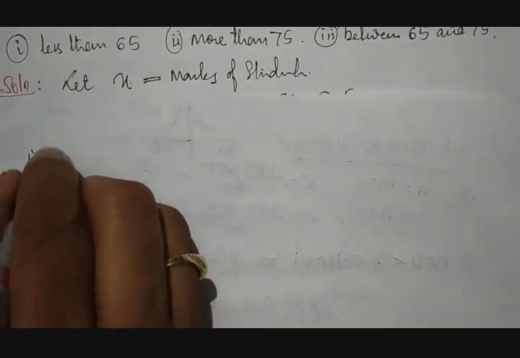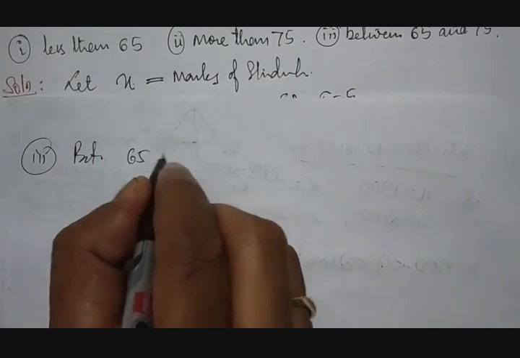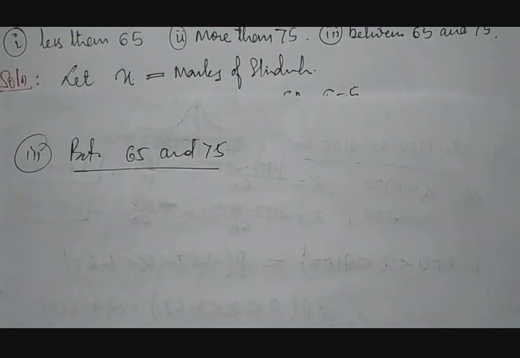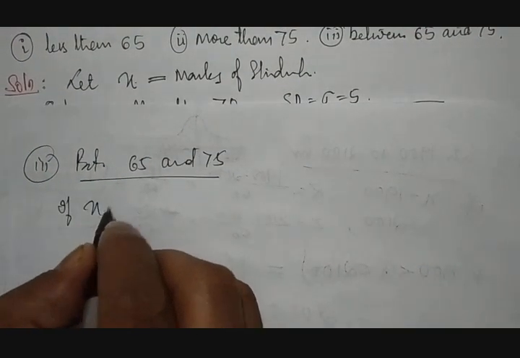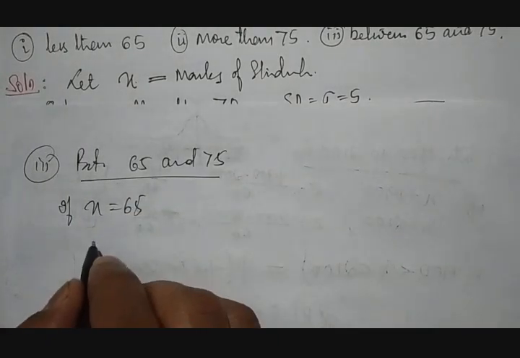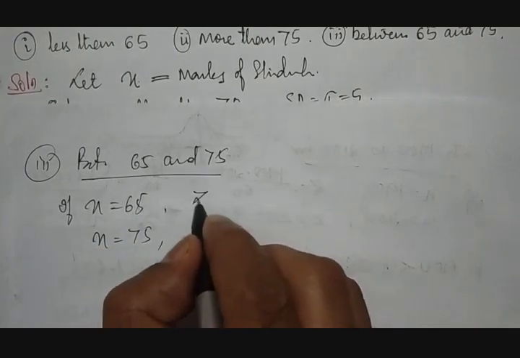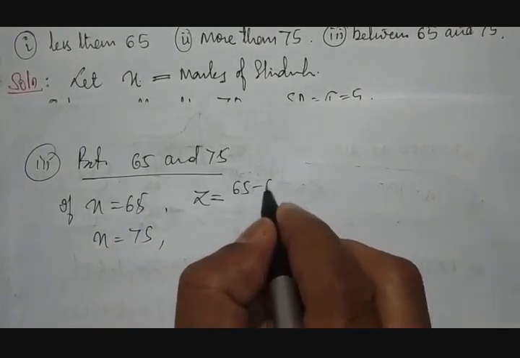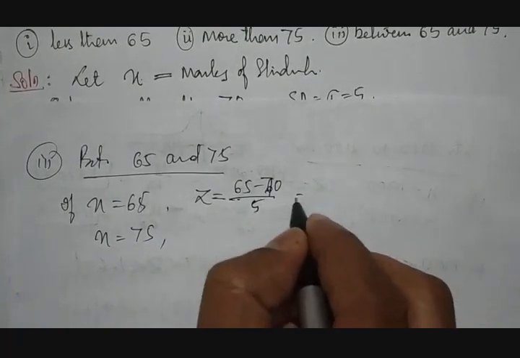Okay. Now we'll take the third case. What is the third case? The students who scored between 65 and 75 marks. Between 65 and 75 means there are two numbers here. Means if x is equal to 65, and x is equal to 75. If x is equal to 65, then what is z? 65 minus 70 divided by 5.